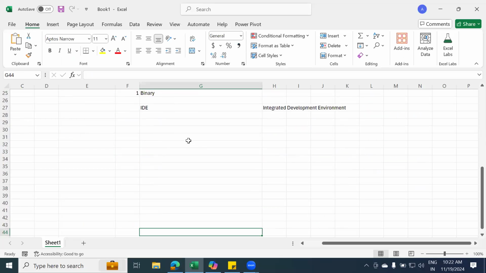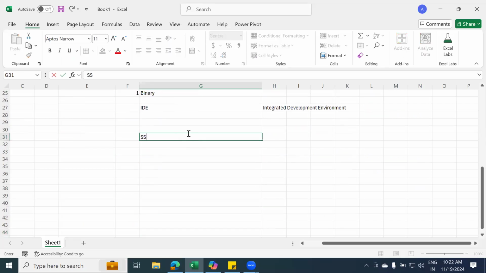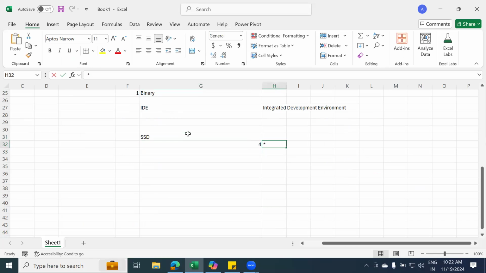You must have an SSD laptop, no HDD, guys. We need an SSD laptop, and the RAM should be 4 GB minimum. If you have 8 GB RAM, that's quite good. If you don't have 8 GB, you can still manage with 4 GB, but it will be very slow. Then don't go with an old processor, guys.